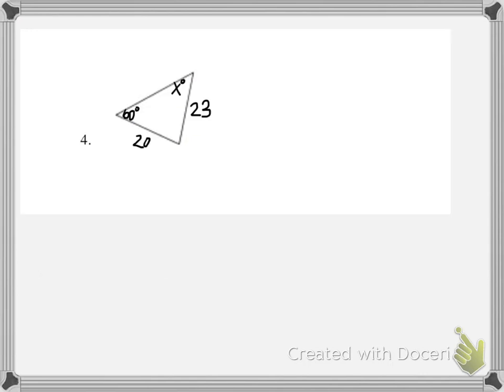Okay, let's do another one here. So this one we're going to be looking for an angle. I am looking for this angle, and I know the side that's opposite of that angle. So sine of x over 20, that ratio, is equal to the ratio of sine of 60 over 23.